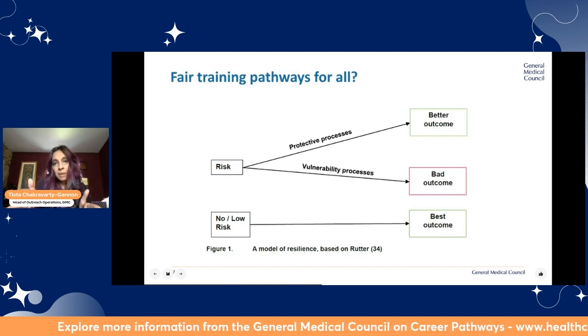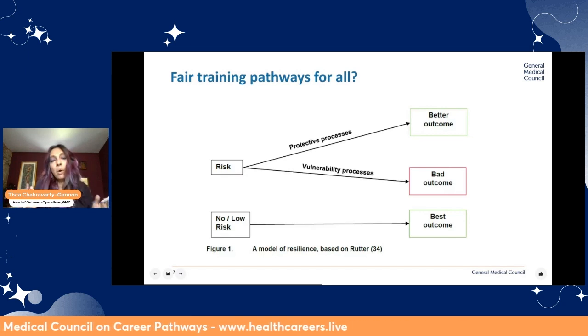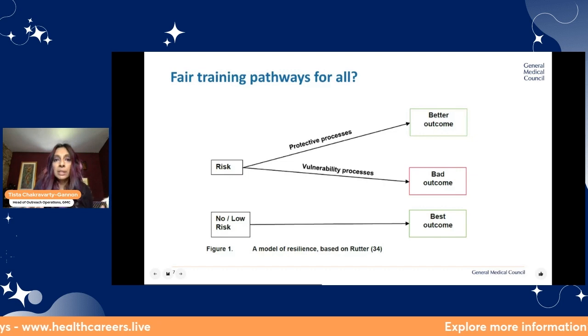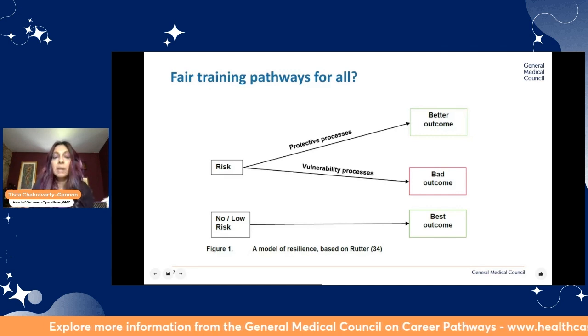And what this model here is from work that's been done for a long time now. This is from 2014 on differential attainment. So this is where colleagues, particularly from minoritized ethnic groups, different faith groups, etc., don't have the same positive outcomes as, let's say, a white male colleague.